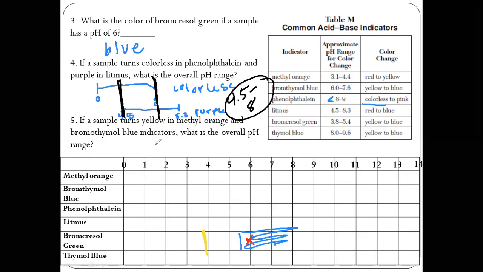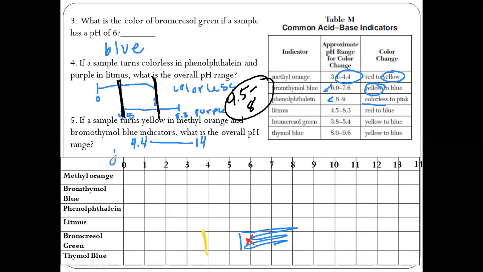If a sample turns yellow in methyl orange, so let me find methyl orange, and it says yellow. So yellow is above 4.4. So it would be 4.4 to 14, it would be yellow. And bromothymol blue is also yellow, so that is yellow less than 6.